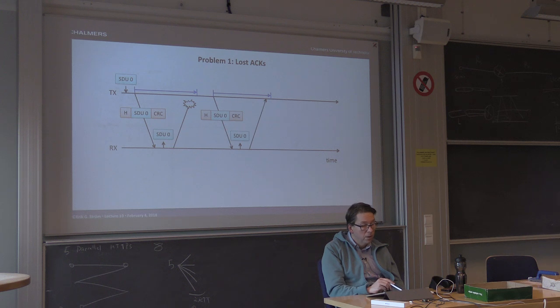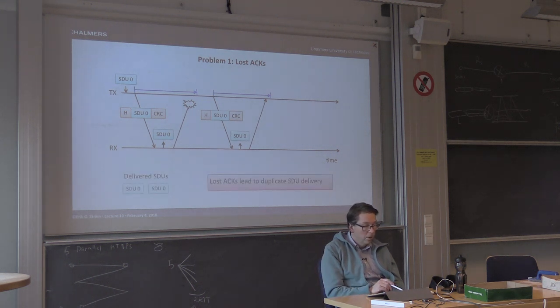At the receiving end, we would deliver the same service data unit twice. That's not what we wanted, right? That is not what we have promised. We wanted to avoid duplications. So the delivered service data units are 0 and 0. That's bad. That's not allowed. So lost acknowledgements lead to duplicate service data unit delivery.